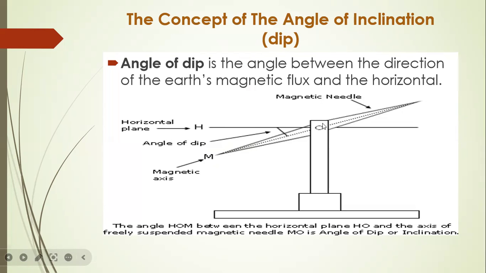So the angle HOM between the horizontal plane HO and the axis of the freely suspended magnetic needle, that is MO, is the angle of dip or angle of inclination. So this angle found between the horizontal plane and the magnetic axis is the angle of dip. We get the definition: the angle between the direction of the Earth's magnetic flux and the horizontal plane. I hope it's clear.